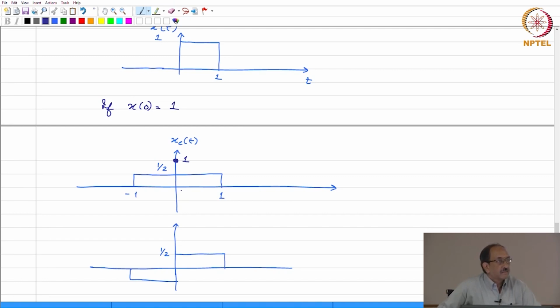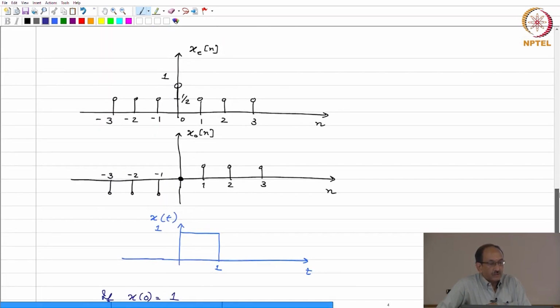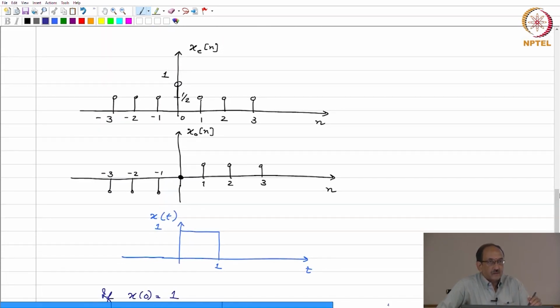Say that again. Oh, yeah, you are right. If x of 0 is 0, the even part will be 0 at t equal to 0. Yes, very good. So, the point to be noted is none of these ambiguities come about in the discrete time case, because at the origin the signal is clearly defined in the way that we expect it to be.